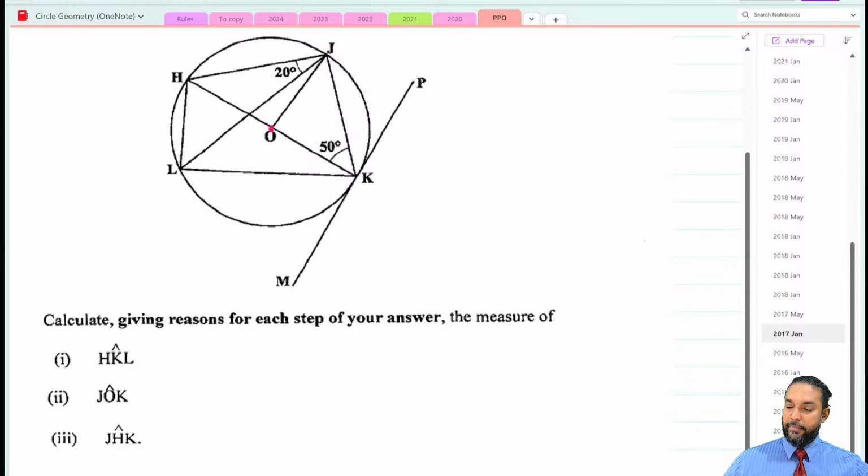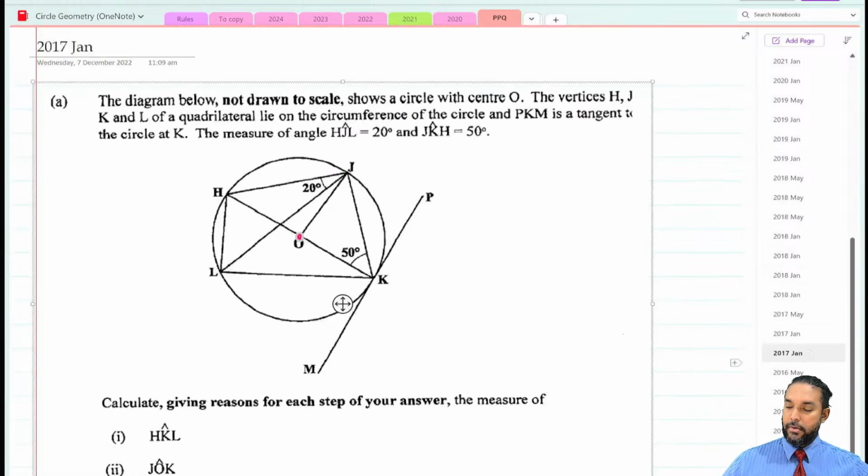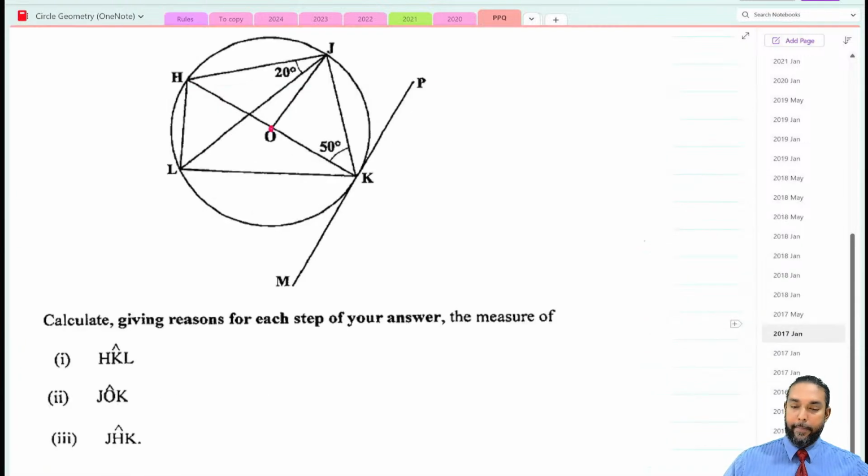Oh, let me see if I could copy this. OJK is isosceles. That is correct because this is a radius and that's a radius. Subtract from 180, yeah. So the first angle, they want HKL.